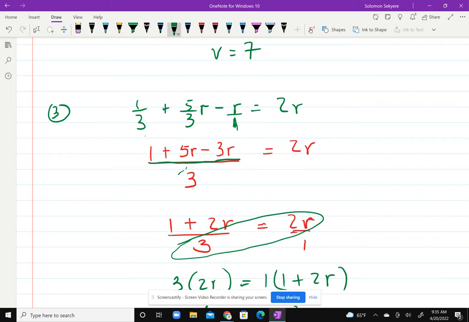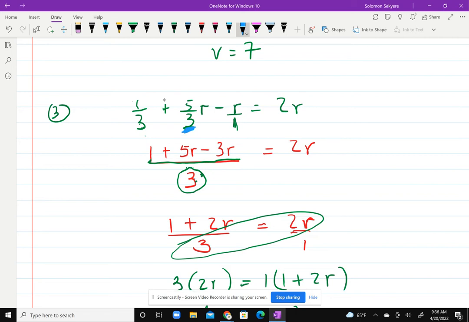You take the LCM, you divide by each denominator, and then you multiply by the numerator. So 3 divided by 3 is 1. 1 times 1 is 1. I put it over here. I take this 3 again and divide by this 3 as well. 3 divided by 3 is 1.